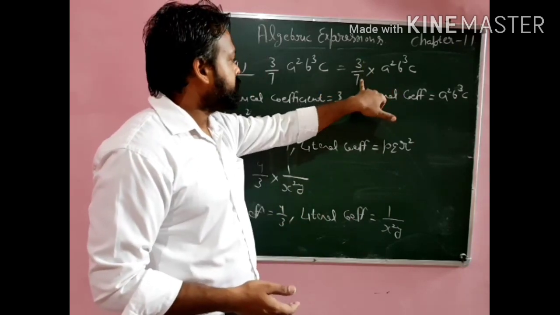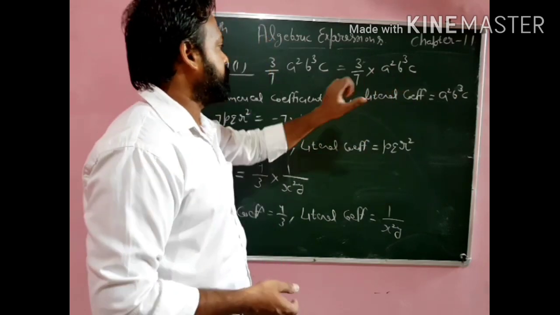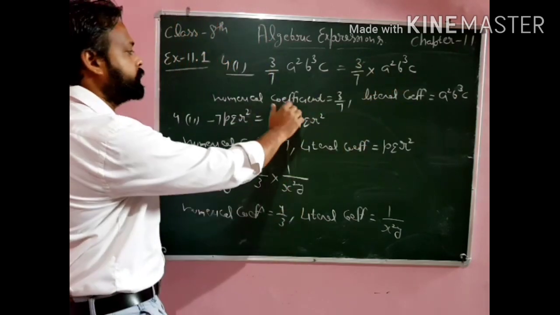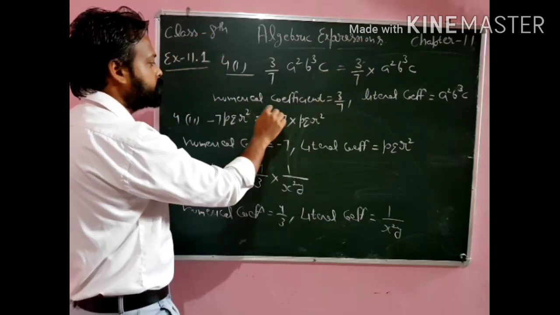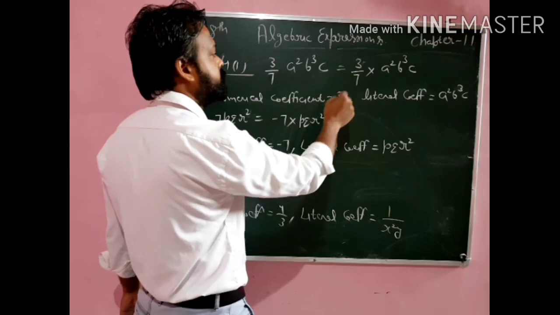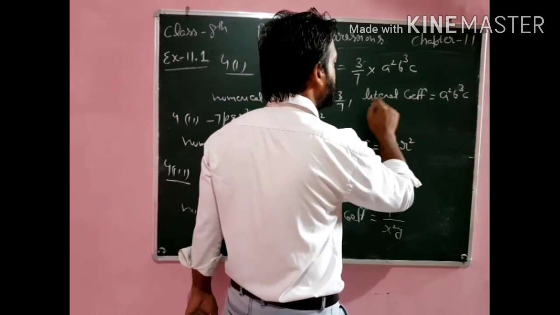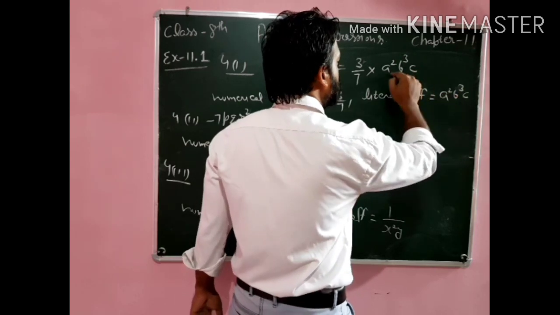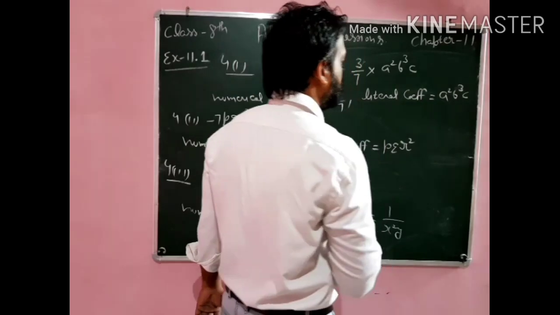So it becomes 3 by 7 multiplied by a square b cube c. Clear? Now you can see the numerical coefficient, the constant value, is 3 by 7, and the literal coefficient, the variable value, is a square b cube into c. So this is the answer.